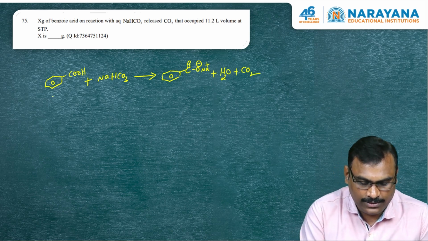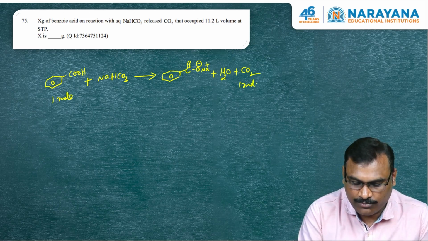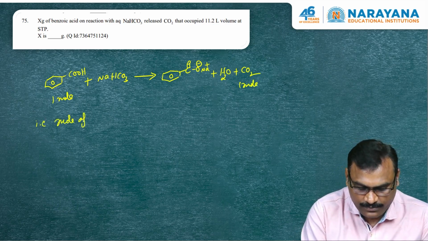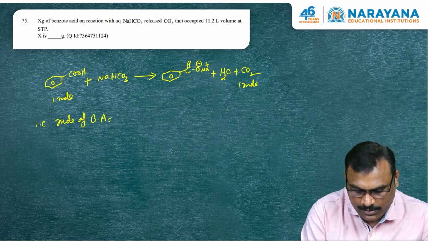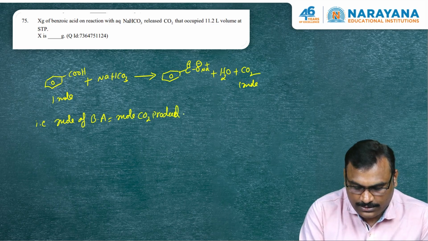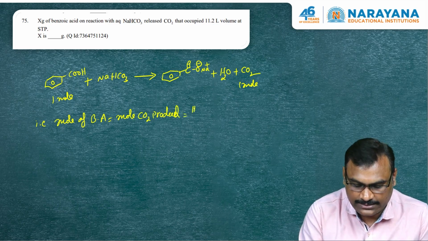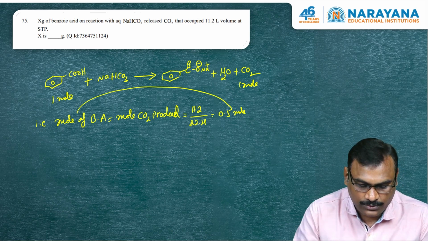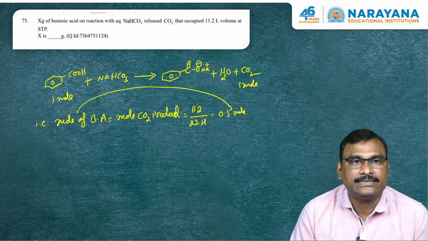Here 1 mole benzoic acid gives 1 mole CO2, that is, moles of benzoic acid is equal to moles of CO2 produced. The moles of CO2 produced is 11.2 by 22.4, that is 0.5 moles, which is also equal to the number of moles of benzoic acid.